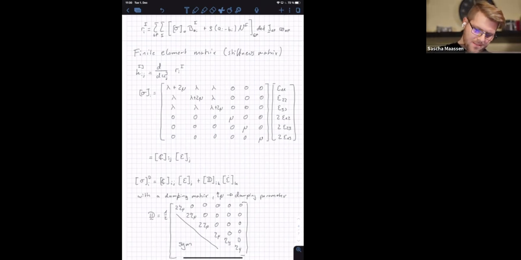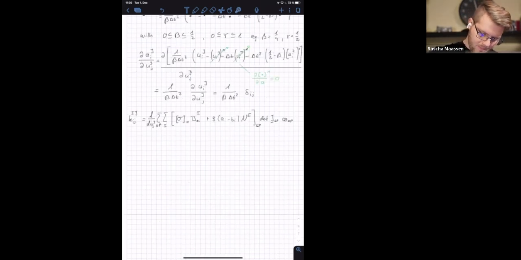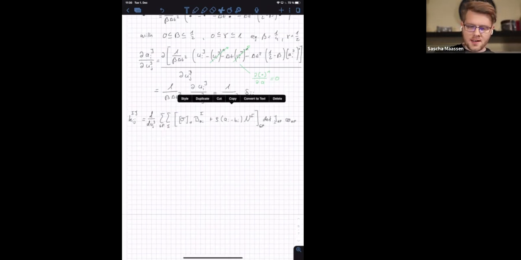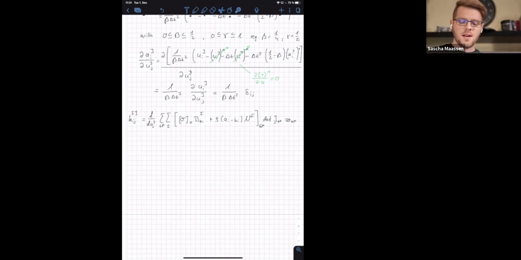I want it this way. And at this point, I'd like to stress once more that if you think about this equation with i and j here on the left-hand side, that means if you imagine the same concept that we discussed for the element vector, how you compute just certain coefficients of it at a time, this is also applied here to the stiffness matrix.